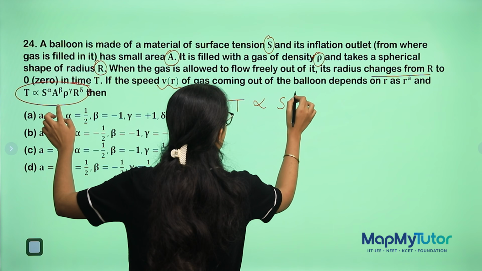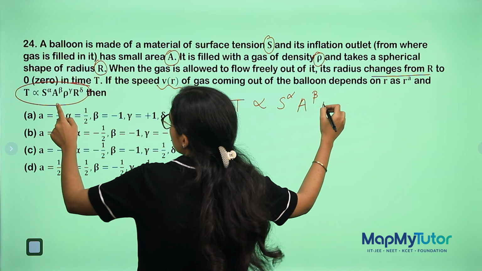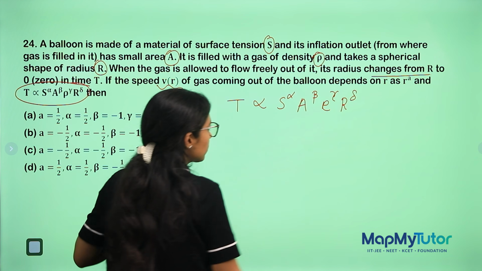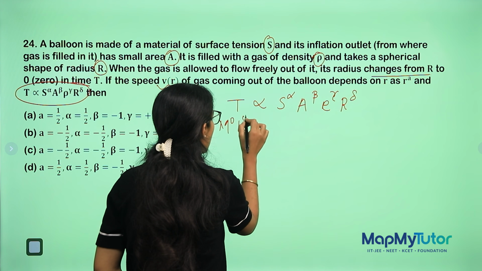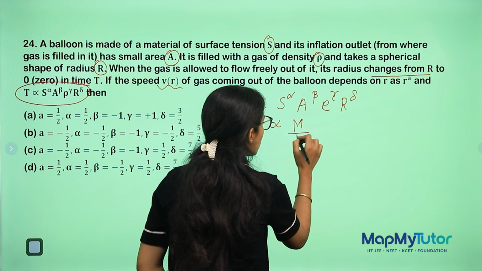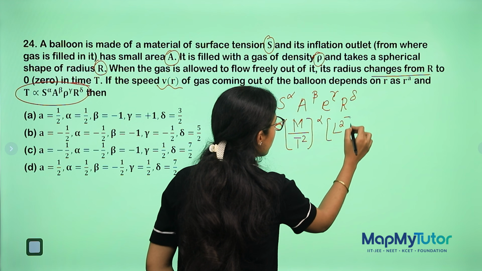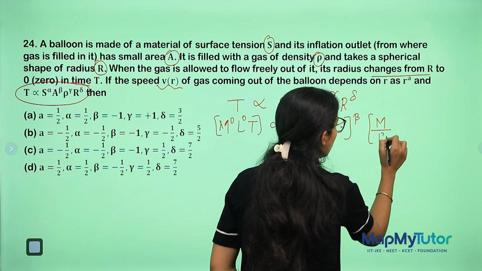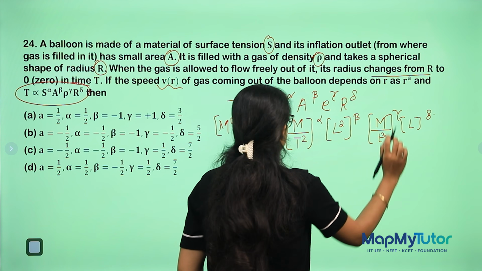T is directly proportional to S alpha, A beta, rho gamma, R delta. So I'm writing in dimensional formula, M0 L0 T is directly proportional to surface tension, which is M by T square, to the power alpha, area is L square, to the power beta, rho is density, that is mass by volume, M by L cube, to the power gamma, and R is simply L, to the power delta.